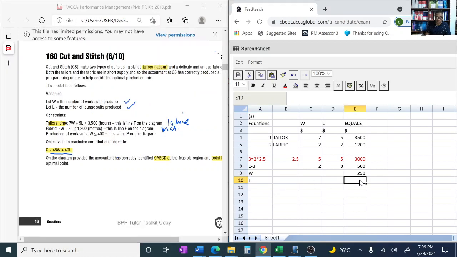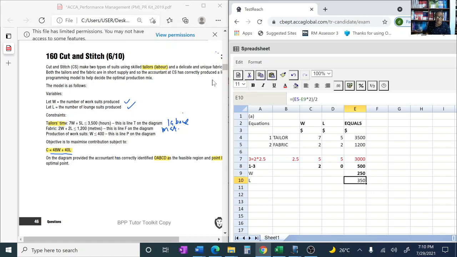So my L will simply be, I don't need to write it there for the marker. The marker should be able to see that in the window. So then I have my L is, in brackets, 1200 take away the product of W times 2, yes, all divided by 2, and that should give me 350 there.